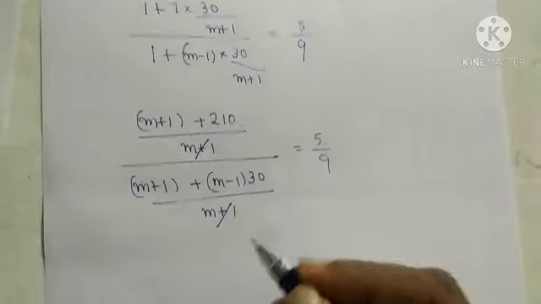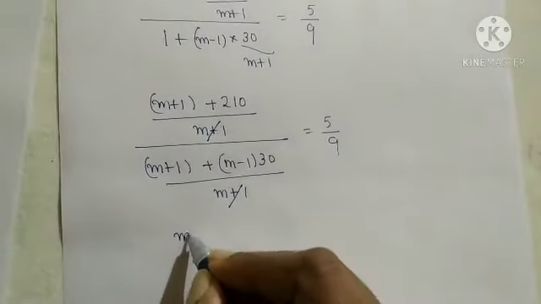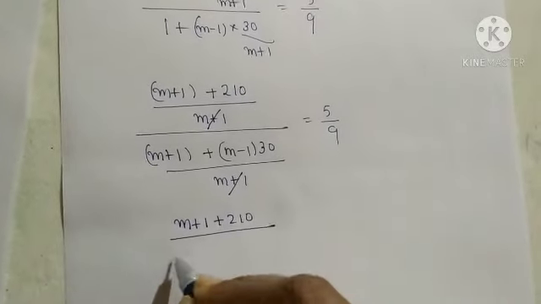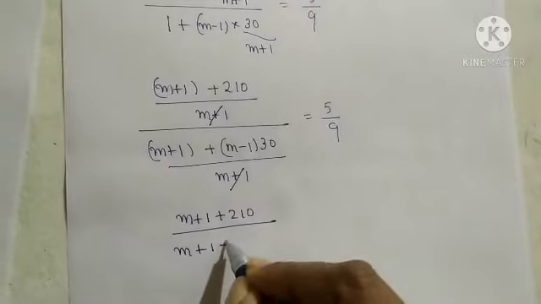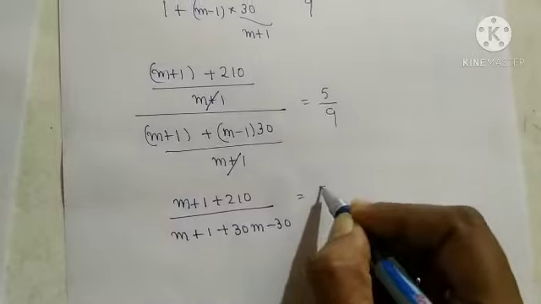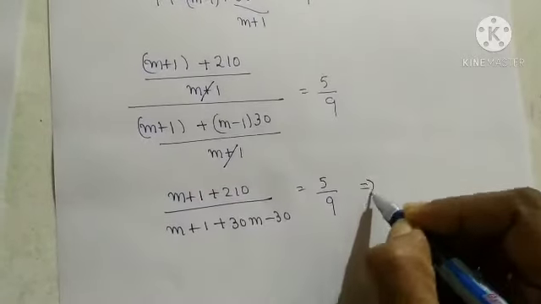Cancelling these two (m plus 1), the remaining terms are m plus 1 plus 210 divided by m plus 1, opening this bracket, 30m minus 30, equal to 5/9.